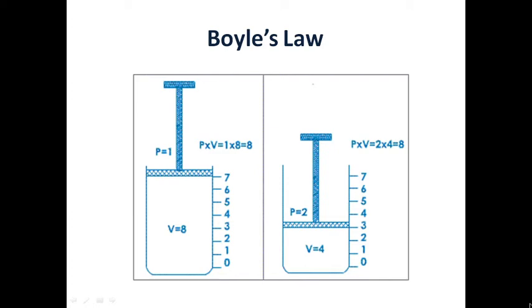See the volume value, it is only 4 units now, and the product P into V is 2 into 4, which is again 8 units. So if pressure is doubled, volume will become half. If the volume is doubled, pressure will become half. Okay, so this is the experimental verification of Boyle's law.